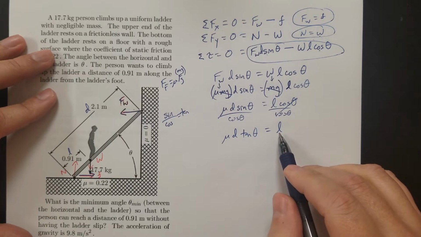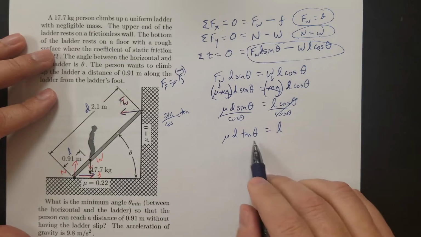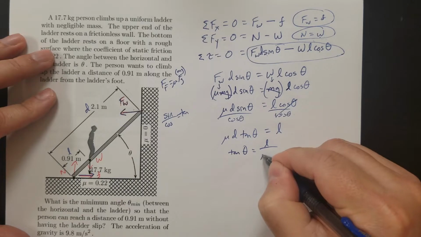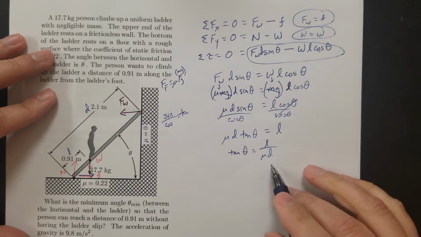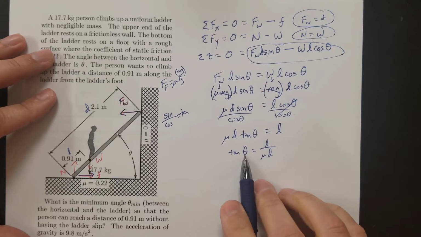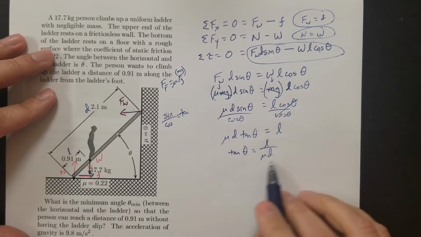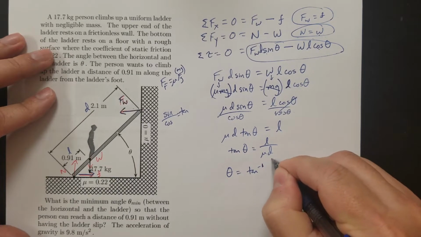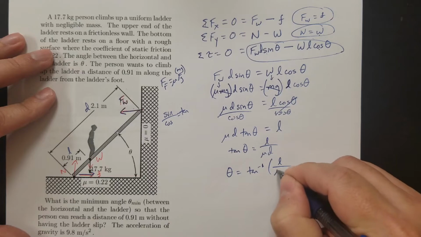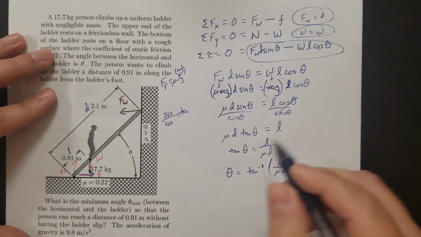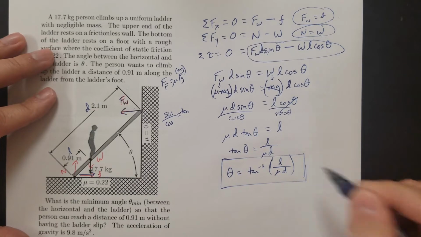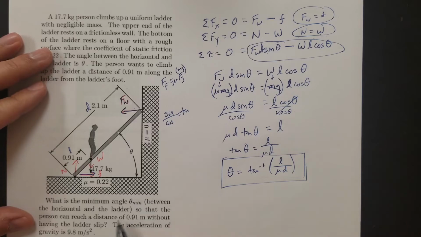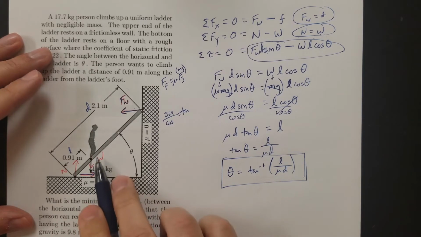And so now I just want to get tangent theta, so I'm going to divide by mu d, so L over mu times d is tangent theta. And again, if I want to solve for the angle, I can take the inverse trig function of all this. So I'm going to say theta is the inverse tangent of L over mu d. And that would give me the angle, right? The horizontal angle that I can get him to get that far up the ramp.